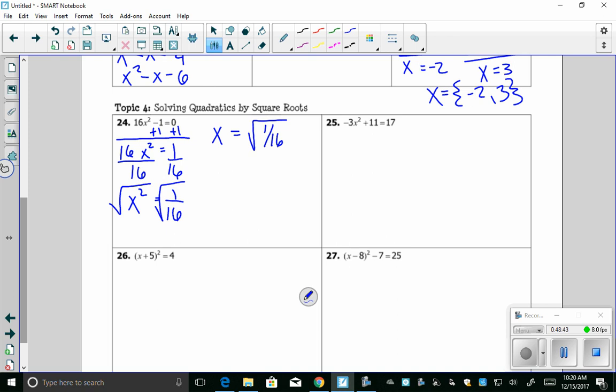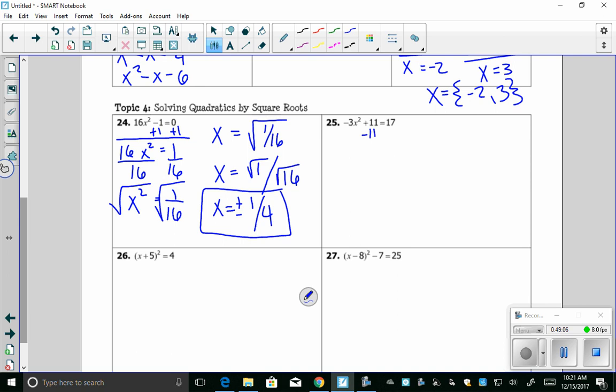So simplify it to x equals the square root of 1 divided by the square root of 16. The square root of 1 is 1. The square root of 16 is 4. Do not forget your plus or minus in front. That is your final answer.